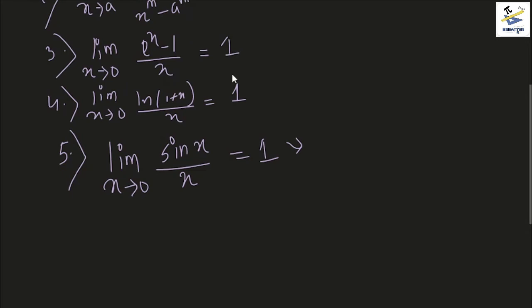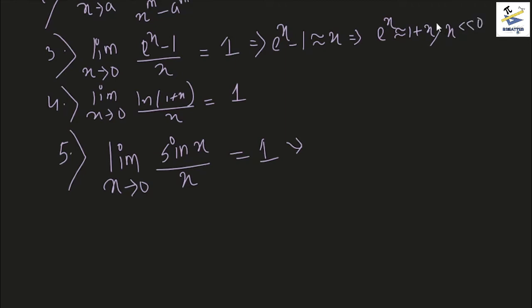If you hadn't noticed, what it says is that when x is very small, e to the power x minus 1 is almost x, or in other words, e to the power x can be approximated as 1 plus x when x is very small. Similarly for this one, we can also say that log of 1 plus x can be directly approximated by x when x is very small.